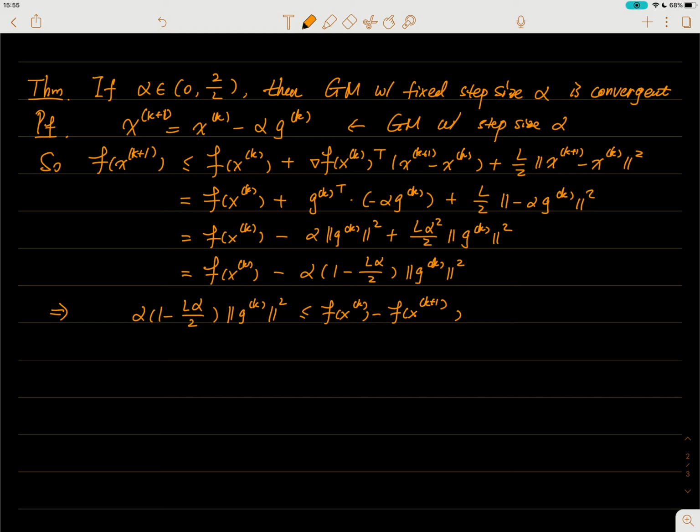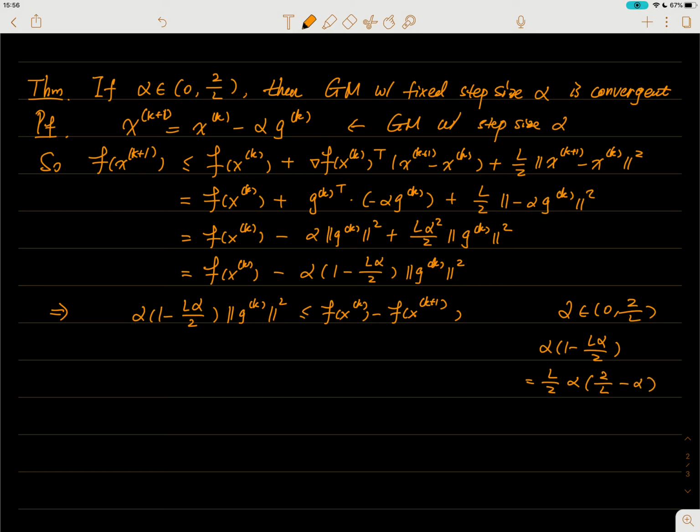Now you can see, if we choose alpha to be between 0 and 2 over L, what happens? By choosing alpha in this interval, this quantity here is positive. You can actually see this is a quadratic function of alpha: alpha times 1 minus L alpha over 2, which equals L over 2 times alpha times 2 over L minus alpha.